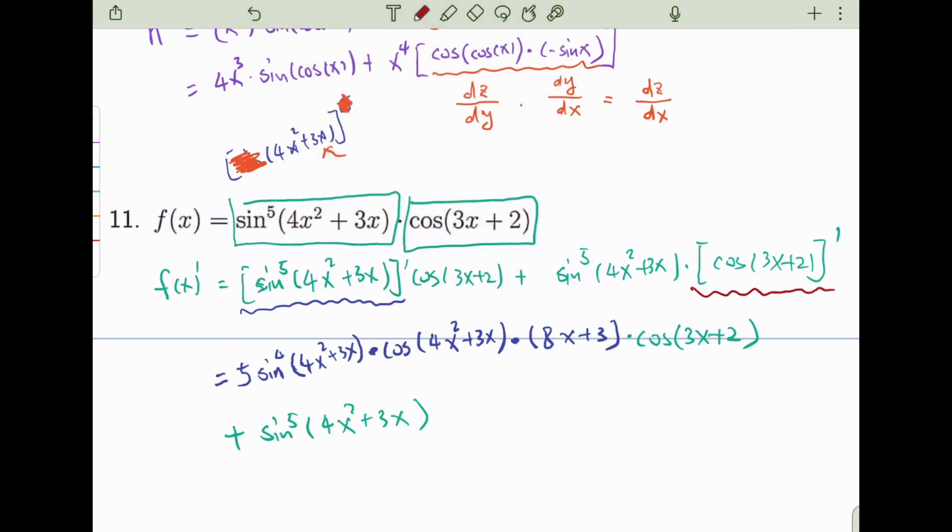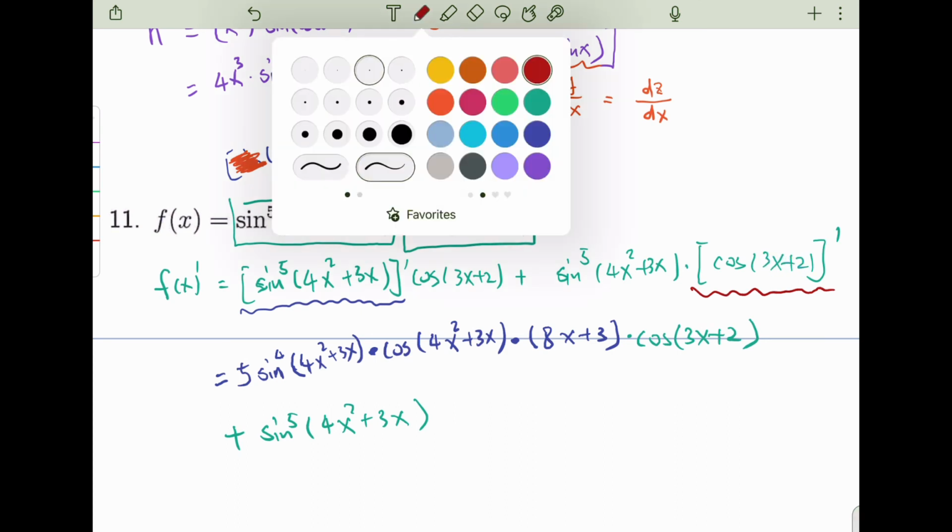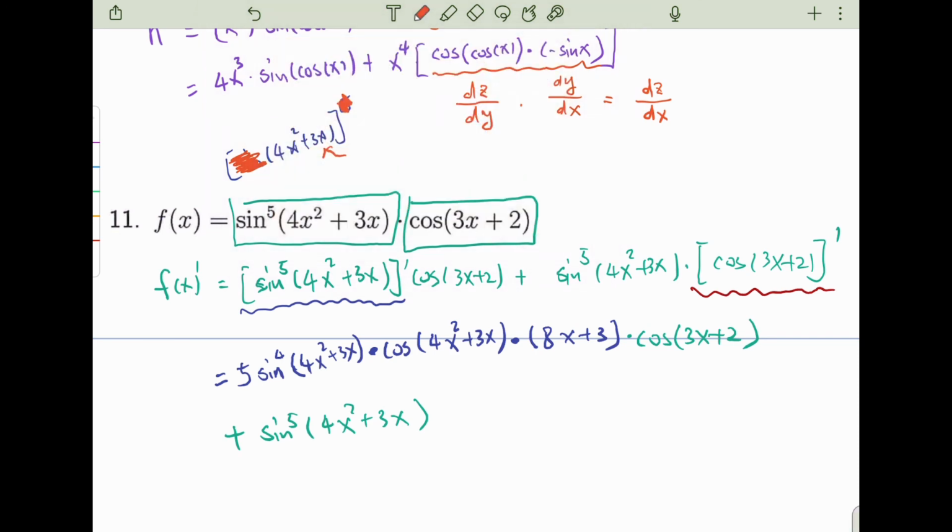Okay, the inner function is this 3x plus 2. So we take the derivative of the outside function first. That's the cos of x, right? So cos of x, its derivative is negative sine of x.